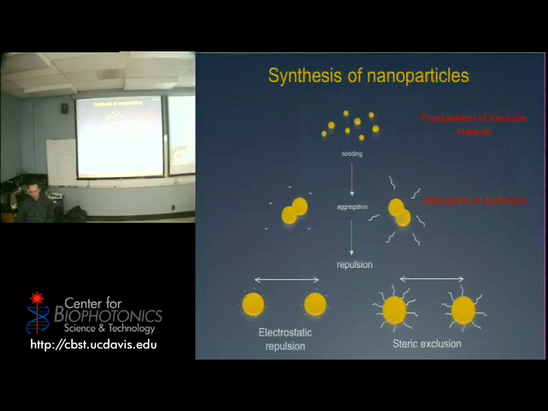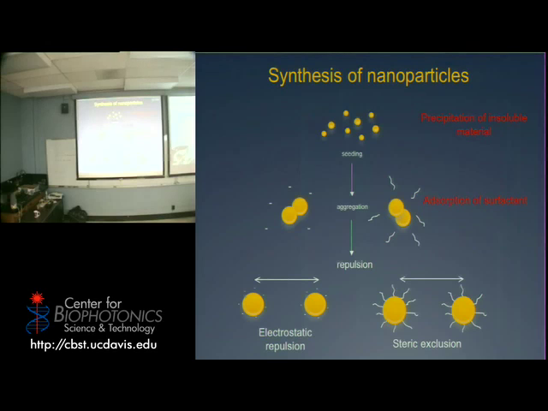So how do you go about actually controlling these properties? This is nanomaterial synthesis 101, but although it's really simple, it's really the way it works, and all the synthetic challenges of making a rod versus a particle versus a tetrapod are essentially elaborations around the same theme. For nanoparticles, you start with a material that is insoluble.